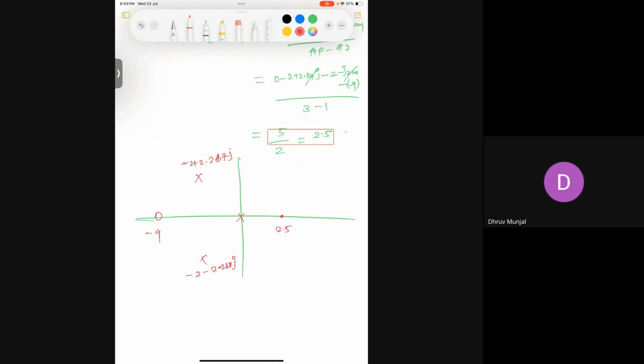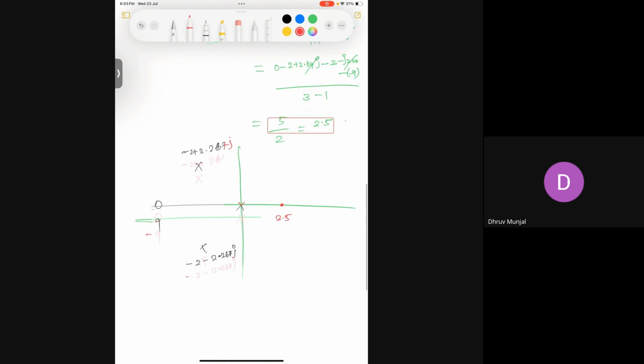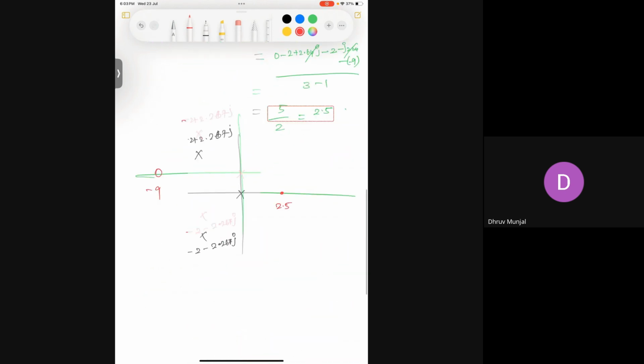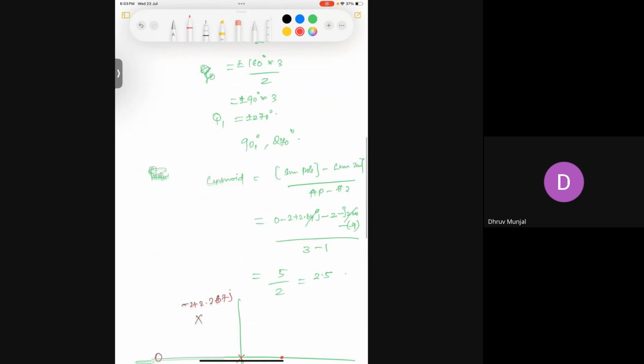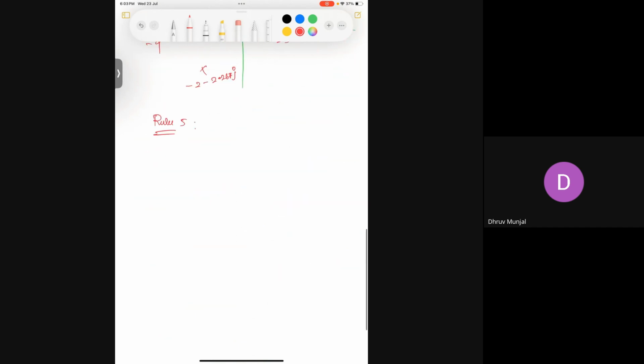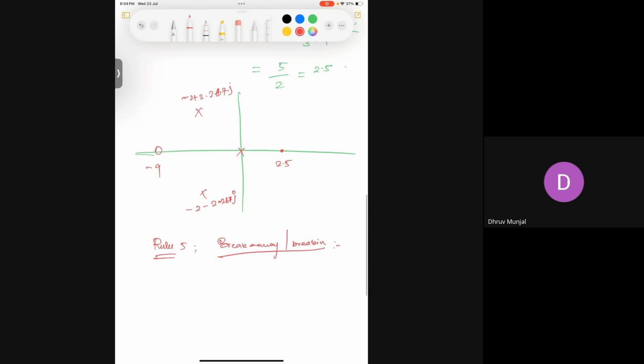Breakaway and break-in points should be in the root locus. The next thing is rule 5 or 6, I don't keep the count. This is the breakaway and break-in calculation. How do we calculate breakaway and break-in?